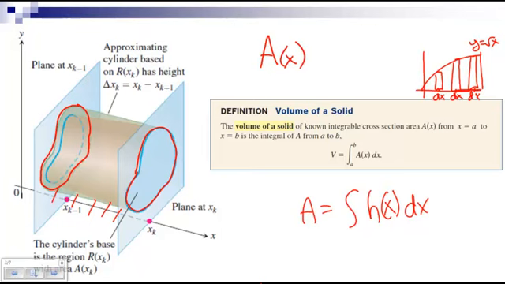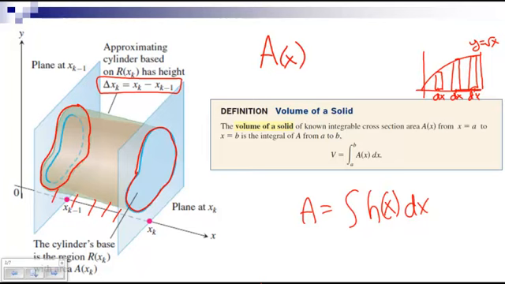Right? They're saying that if we broke it down into a finite number of slices, n slices, the thickness would be the distance between x sub k and x sub k minus 1. Call that delta x. I'm going to bypass that. We're not going to break it into n slices.